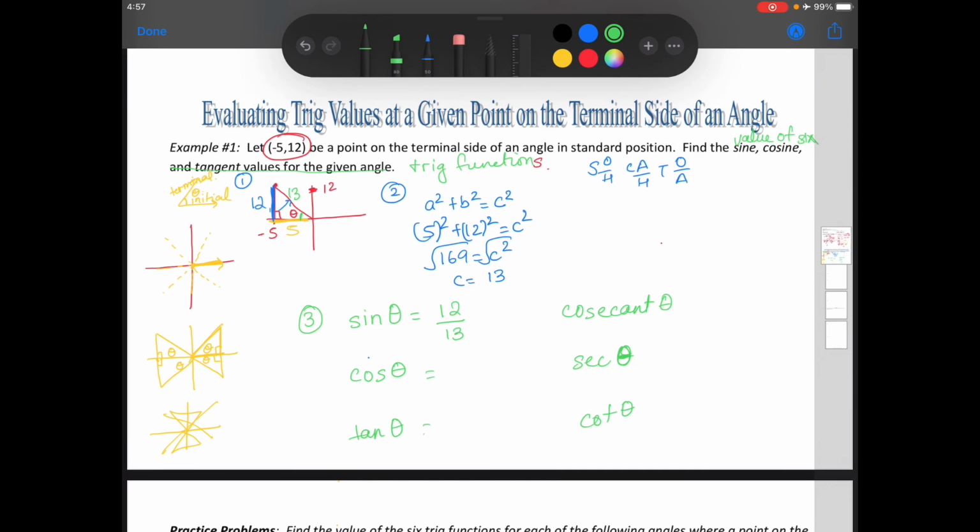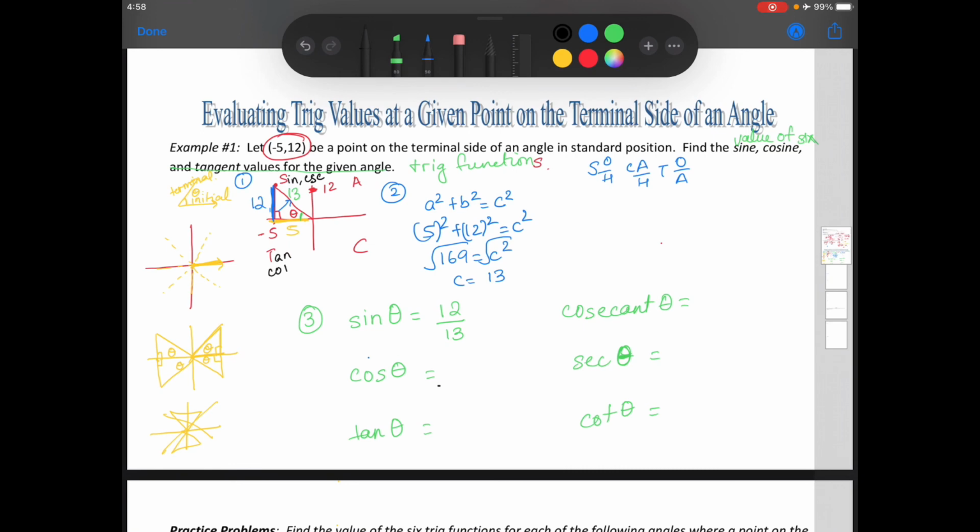So now let's write down the ratios. I also wanted to discuss the signs. I don't know if you remember it from Algebra 2. We'll quickly do this: A, S, T, C. What does that stand for? A means all trig functions are positive in the first quadrant. S stands for sine and its reciprocal, cosecant, which we write as CSC, and they are positive in the second quadrant.